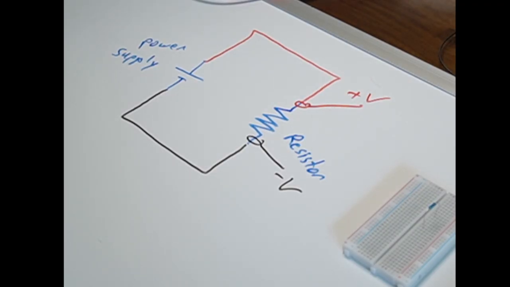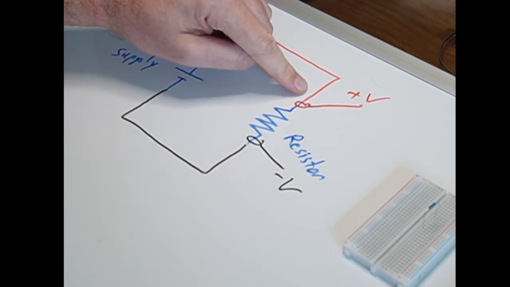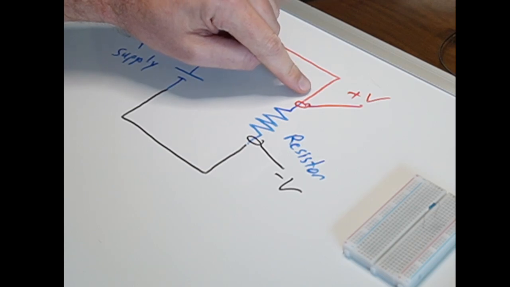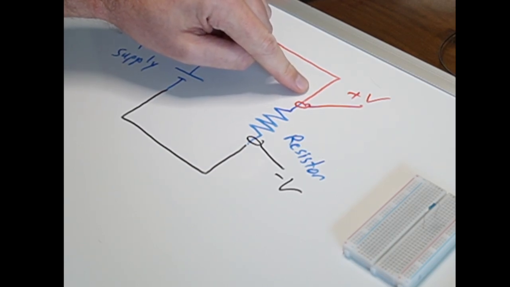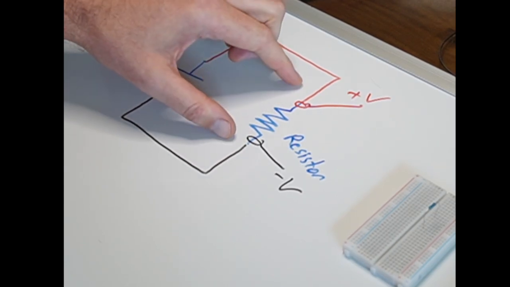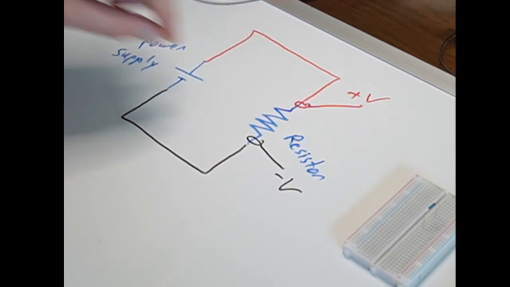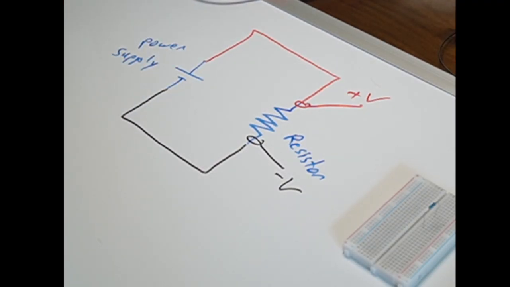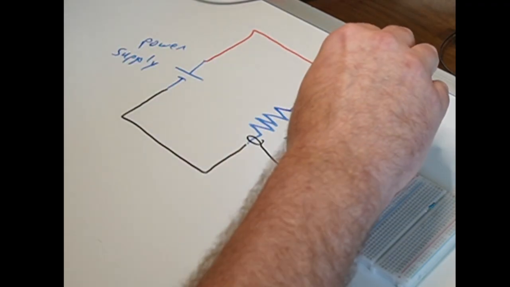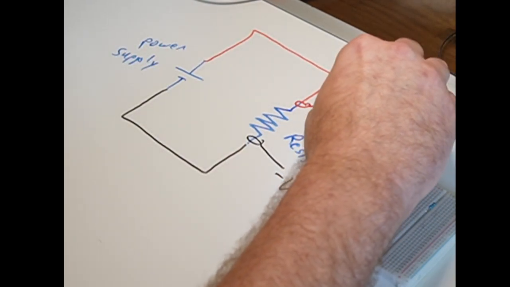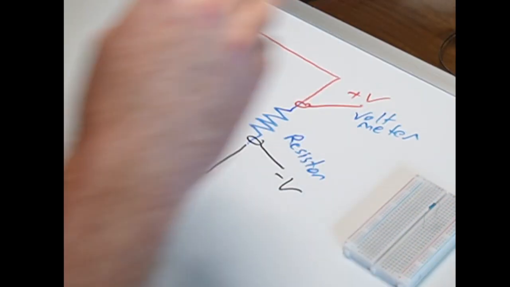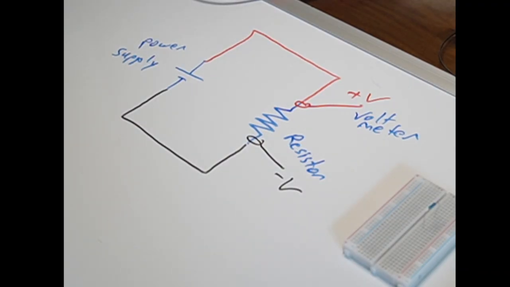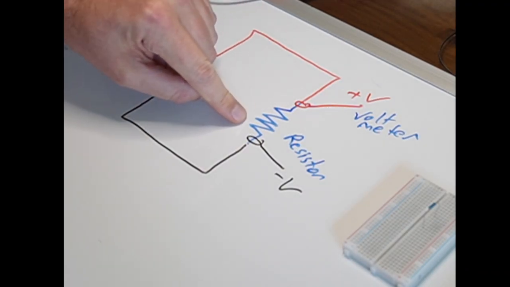We want to measure the difference in the energy of the charges on this side compared to the energy of the charges on that side. So we connect to both sides to look at that difference in energy, and that's our voltage. And so that whole connection there is our voltmeter.